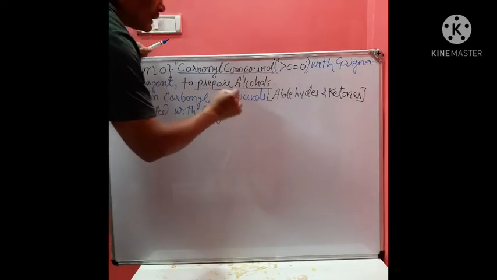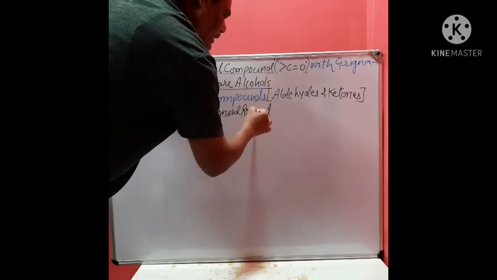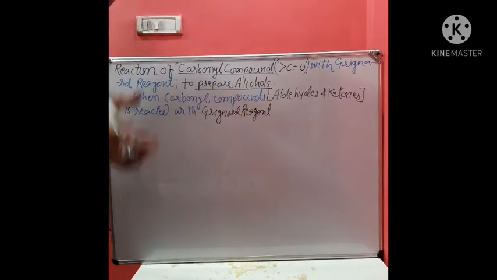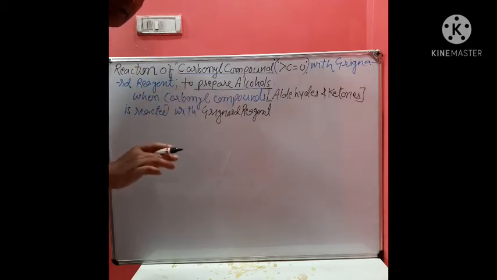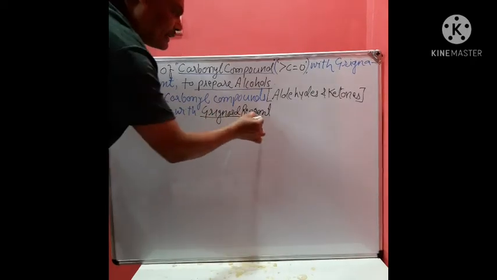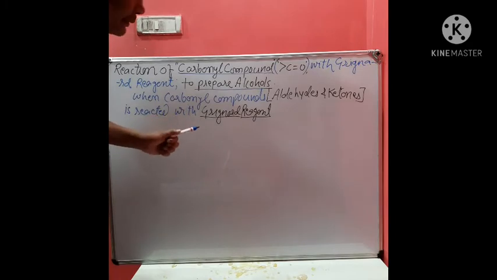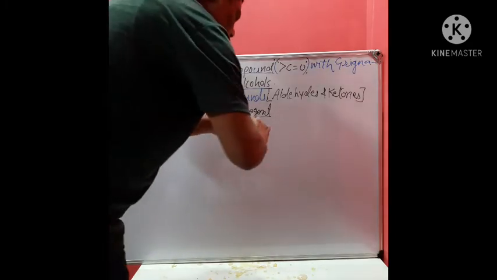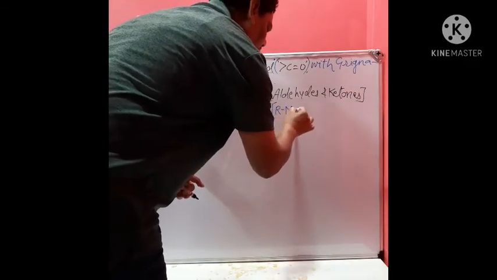This is Grignard reagent. Now student, what is a Grignard reagent? In the last chapter, haloalkanes, we have seen the method of preparation of Grignard reagent, and I told you the scientist got the Nobel Prize for this because this reagent is highly useful and is used to prepare a large number of organic compounds.